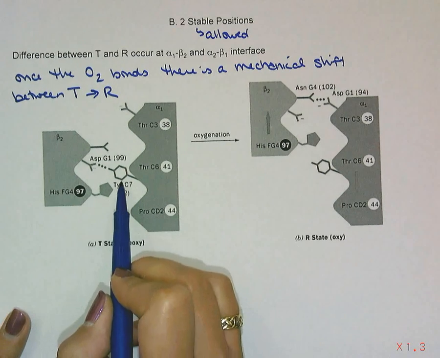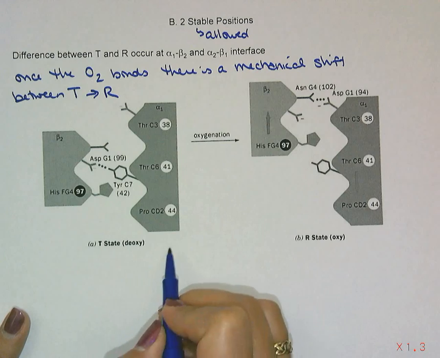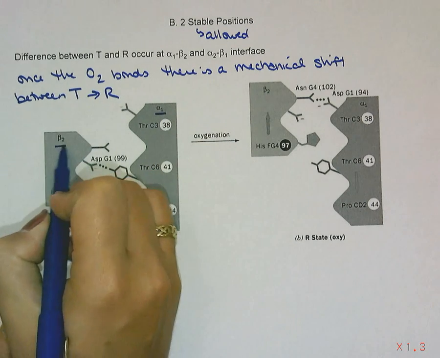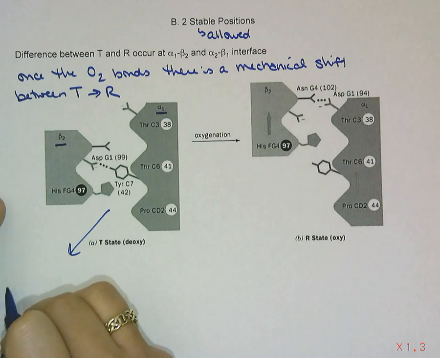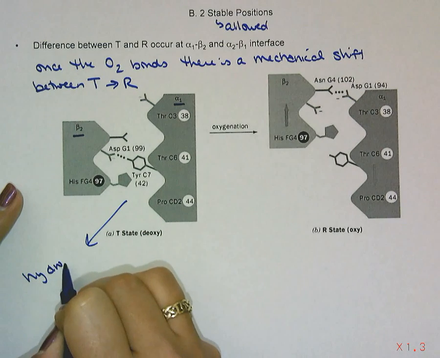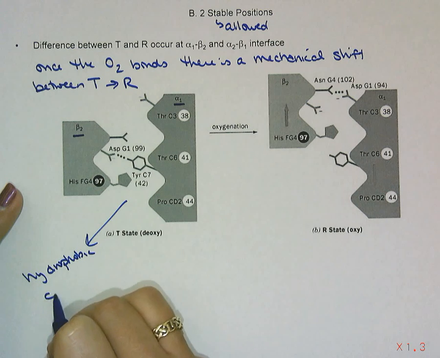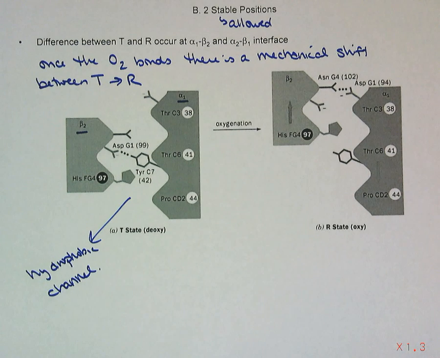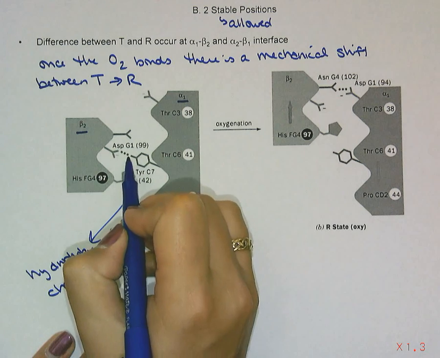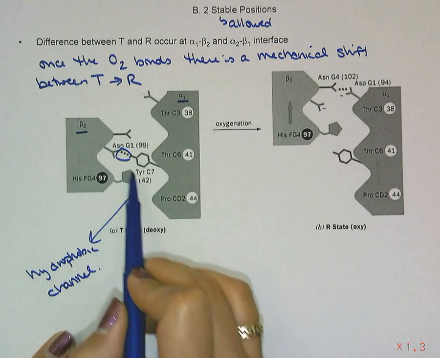So going on here, we've got our tyrosine. This is our alpha, and that's our beta. We're looking at the hydrophobic channel. Tyrosine, this is showing a hydrogen bond between asparagine and tyrosine.